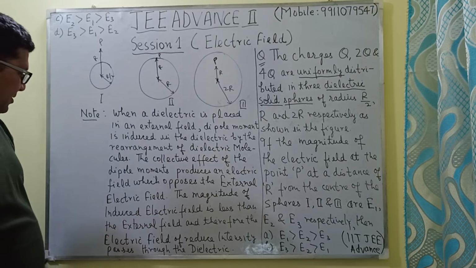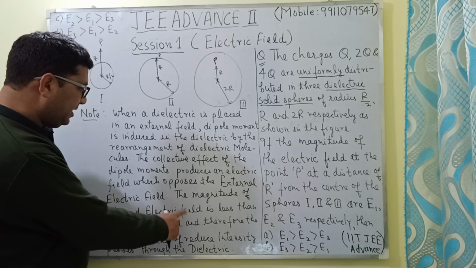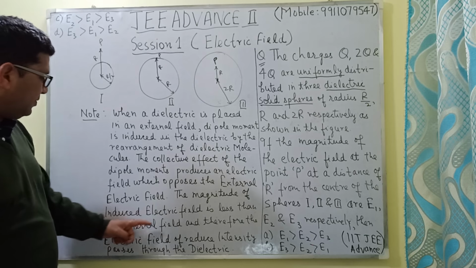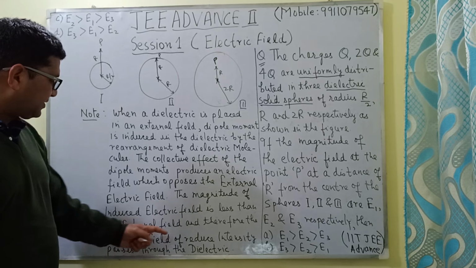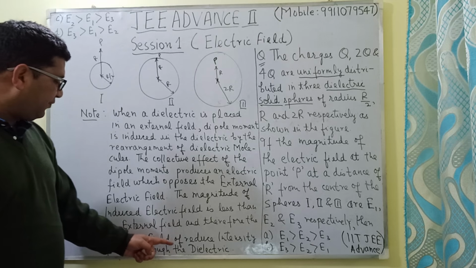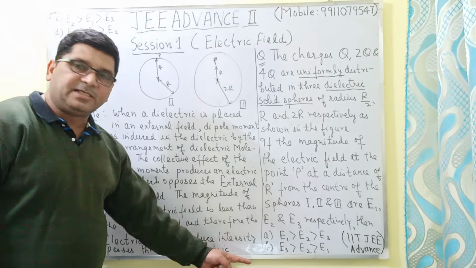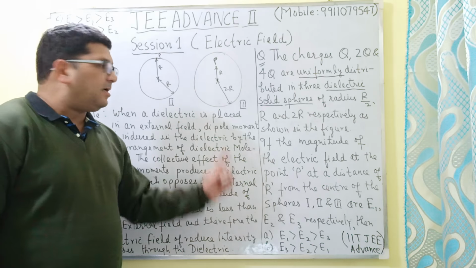So here I have already written the same thing: the magnitude of the induced electric field is less than the external field, and therefore the electric field of reduced intensity passes through the dielectric.